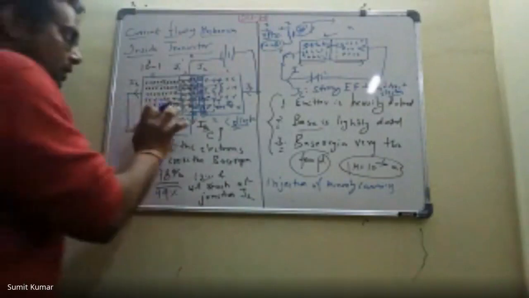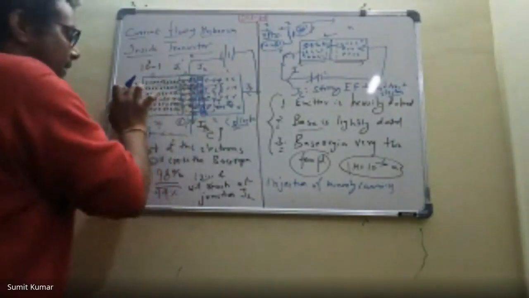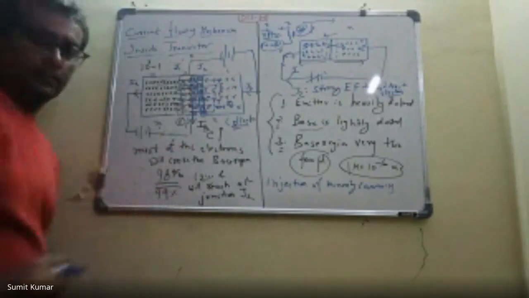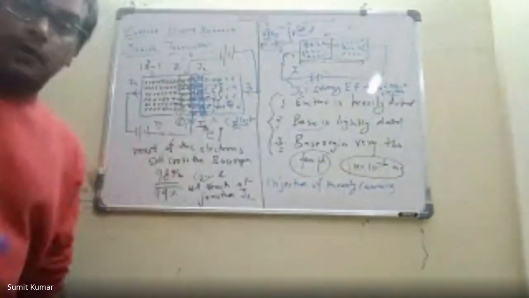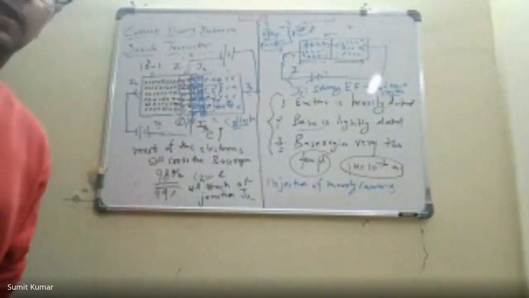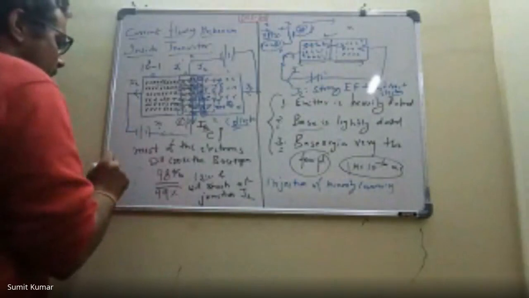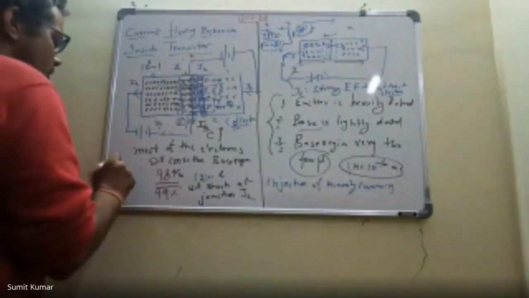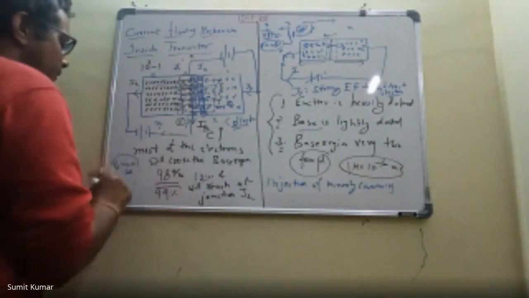How? This is the reason. This is the PN junction where we have applied the forward biasing, and we know that in forward biasing the resistance is very low. Even if we take the dynamic resistance rd, it is on the order of 10 ohm or 20 ohm in practical values.